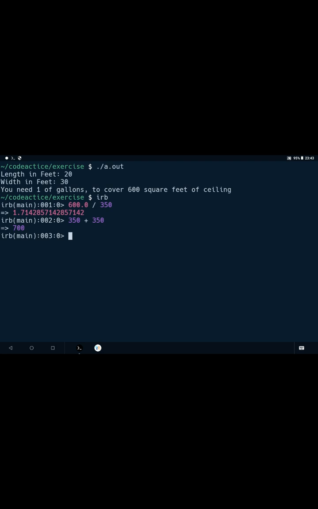So 2 gallons for 700, the same 2 gallons approximately for 600. So it makes sense.